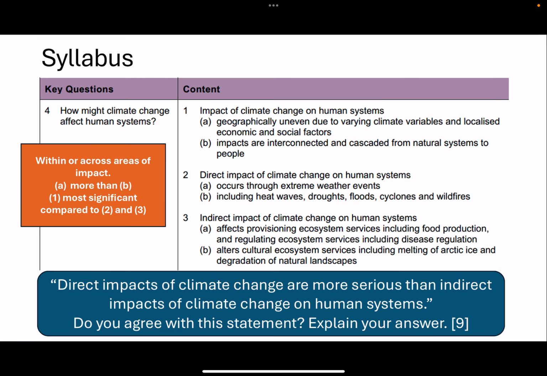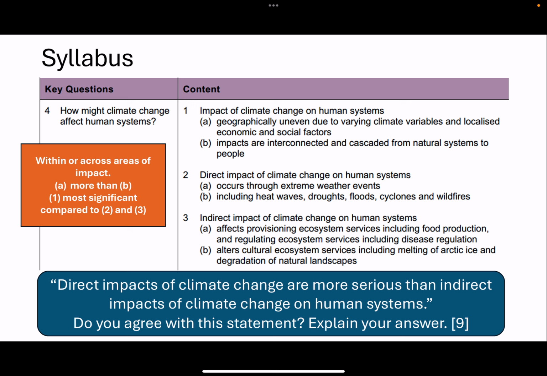For part 4, once again, it can be across these three, or it can be within each of these factors, because each has a pair, so it could be a more serious one. So if they tell you direct impacts are more serious than indirect impacts of climate change on human systems, you have to look at this area and think about what are the direct impacts and what are the indirect impacts.